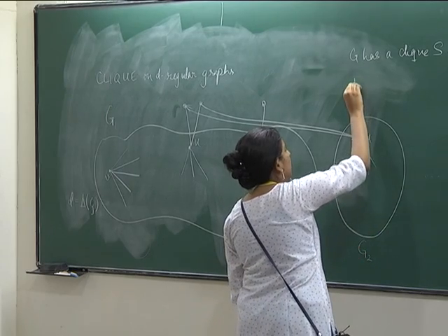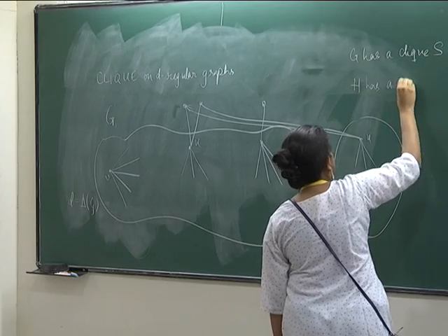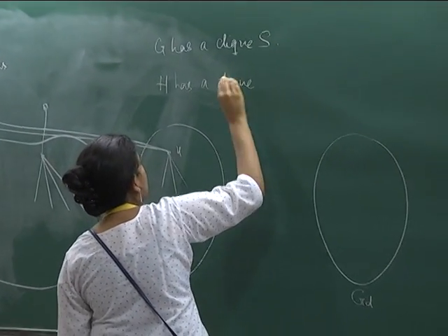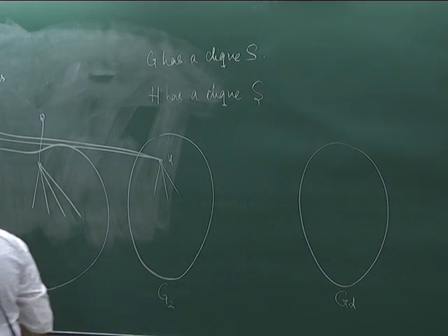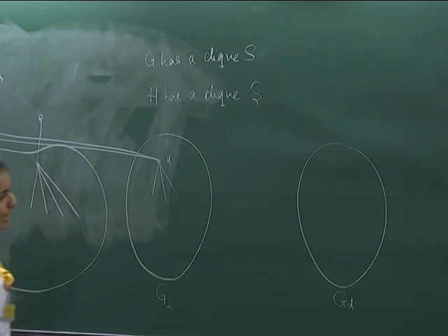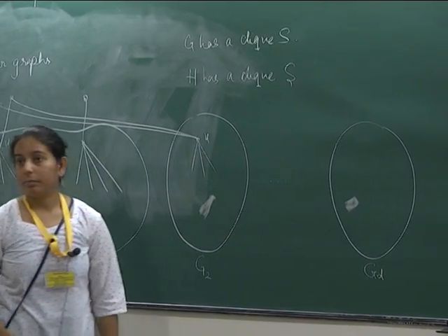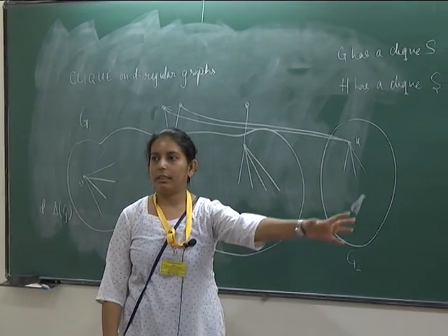But suppose this reduced graph, let's call it H, has a clique S, again of the same size k. First of all, can S be spread out across 2 copies? Can S kind of split across the copies that we have made?